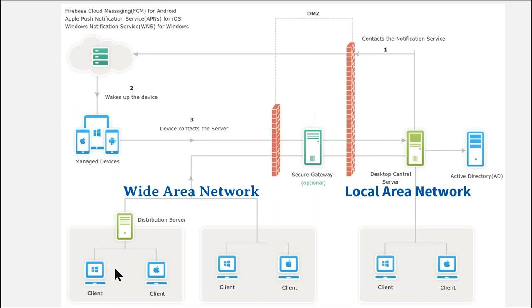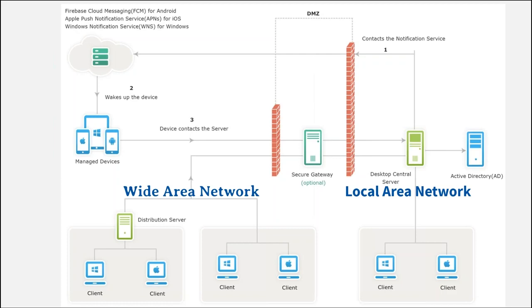Even roaming users who move from one location to another can be easily managed by Desktop Central. To achieve this, you can enable the NAT ping functionality, using which you can let the agents talk to the server even when they are outside the local network, or you can place the server in the DMZ directly. In case you have some constraints placing the server directly into the DMZ, you can go for an additional component called Secure Gateway, which is also called the forwarding server.